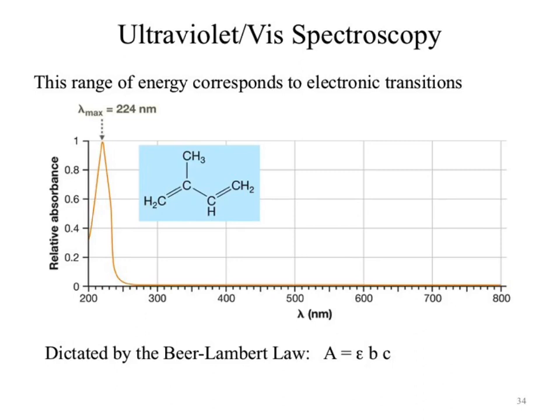Does the light pass through the sample? If it passes through, how much light was absorbed? None, so we get a 0 and a flat line. If our compound does interact, for instance if it has a HOMO to LUMO gap that matches the energy from 200 to 800 nanometers wavelength, we would see a peak.